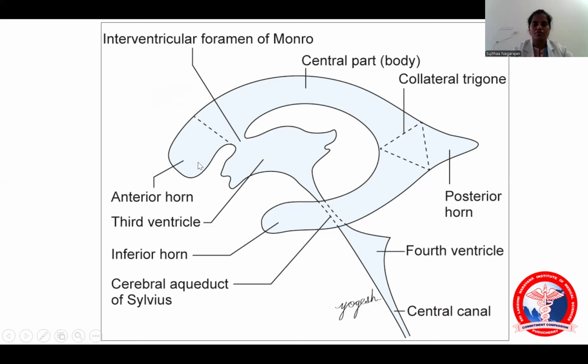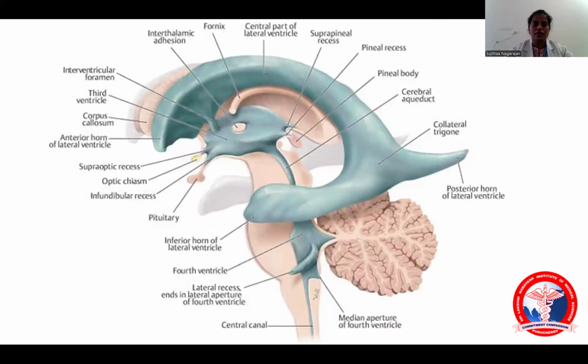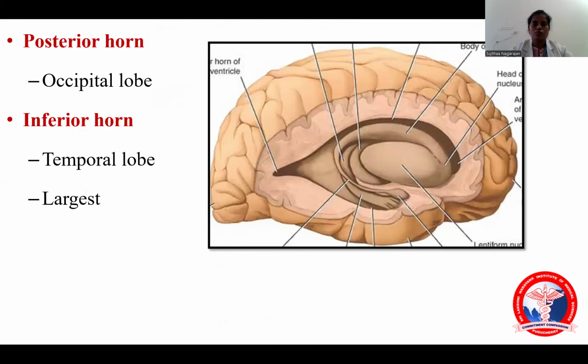So the parts of lateral ventricle we can clearly see here: anterior horn, central part or body, posterior horn, and then inferior horn. Posterior horn is projecting into the occipital lobe. Inferior horn is projecting into the temporal lobe. Of all the three horns, inferior horn is the largest one.